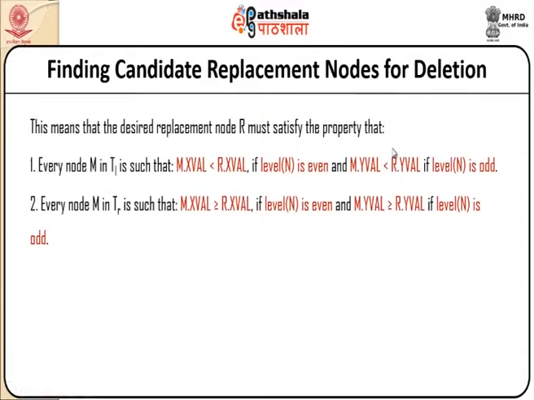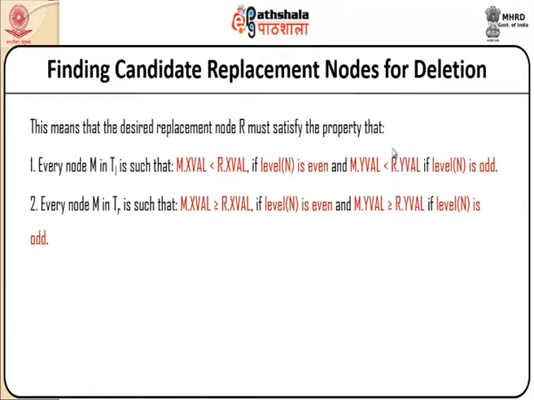Continuing further, the desired replacement node R must satisfy the property that every node M in TL is such that M dot x value should be less than R dot x value if the level of n is even, and M dot y value less than R dot y value if the level of n is odd.